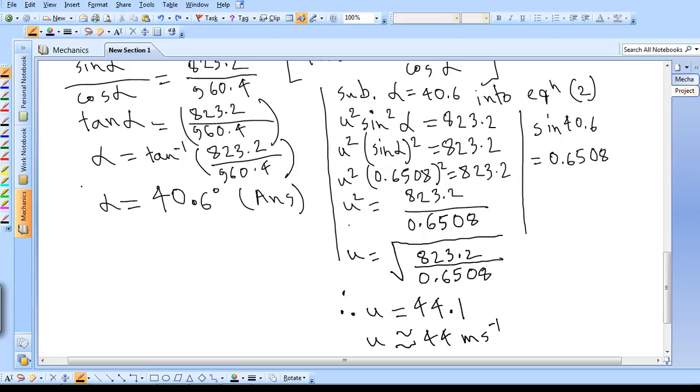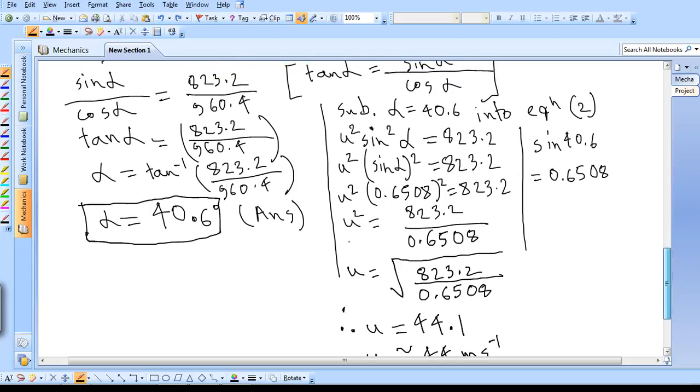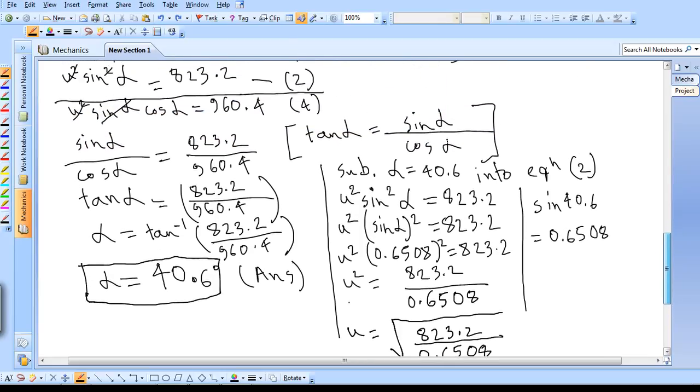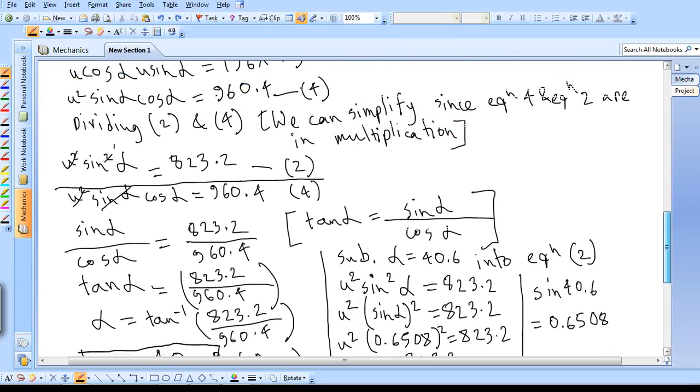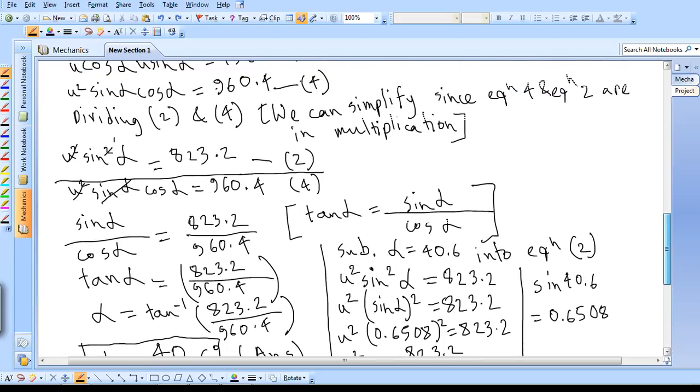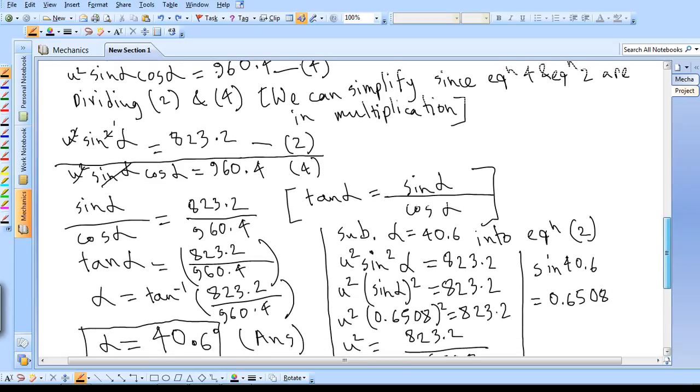So this is how we are going to find the value of angle alpha and the initial velocity. Okay, so this is how we solve this problem and find the values ultimately. What we have done here is we have found the values by creating equations.